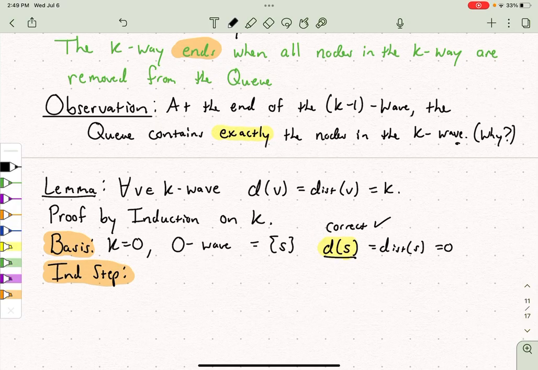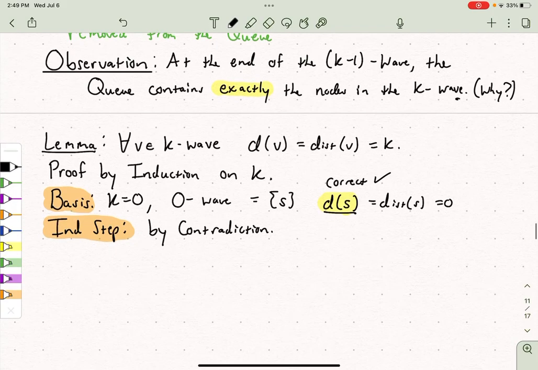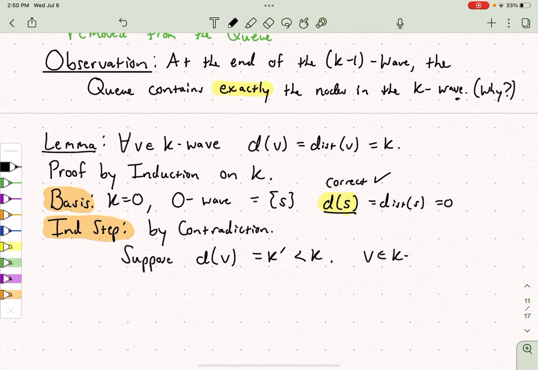We can essentially do this by contradiction. Suppose that there was a smaller number k prime, and the distance from S to v was actually k prime, smaller than k, where v is in the k wave. Let's say that was the case.